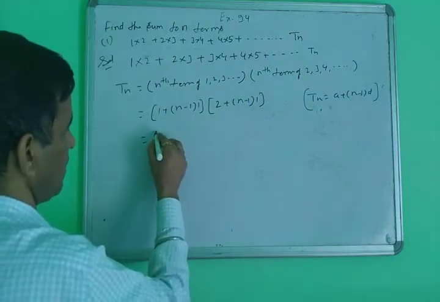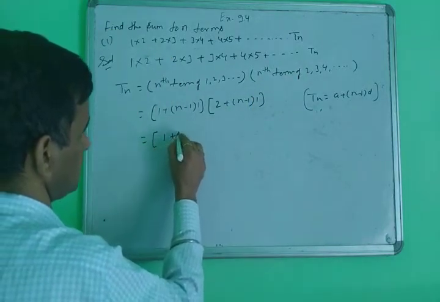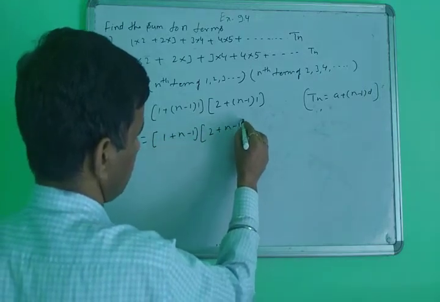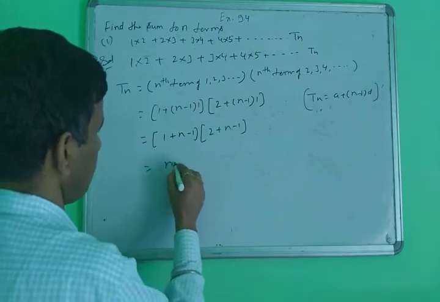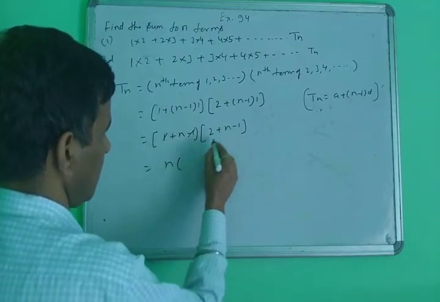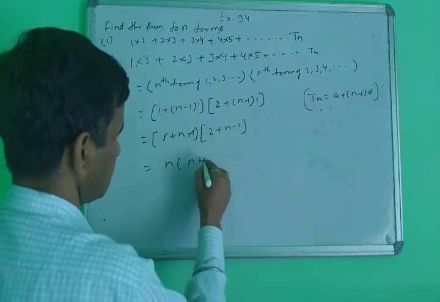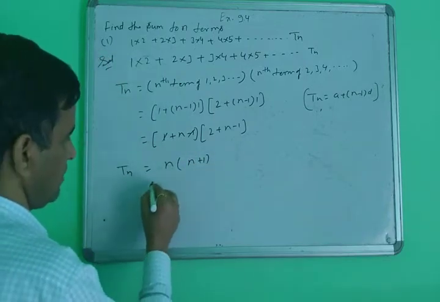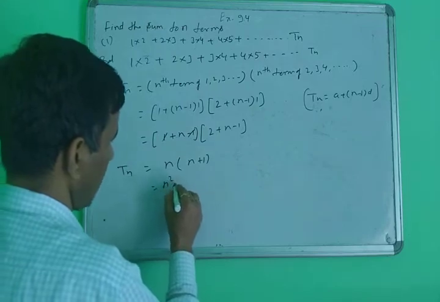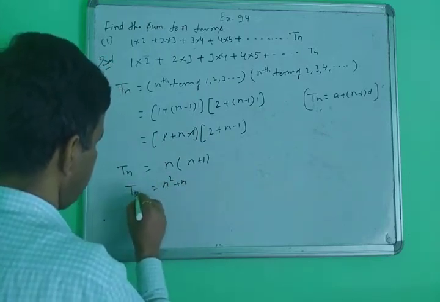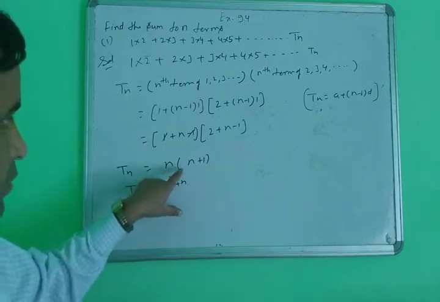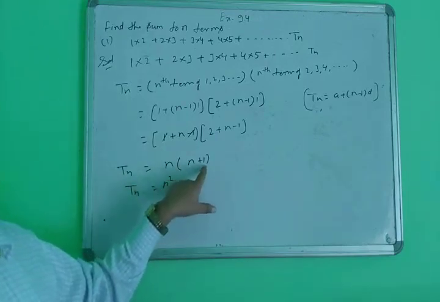Then you get 1 plus n minus 1 and 2 plus n minus 1. So the 1 cancels, giving n, and n minus n plus 1. So the series is sigma n into n plus 1, which means n square plus n. So the value of Tn is n square plus n.